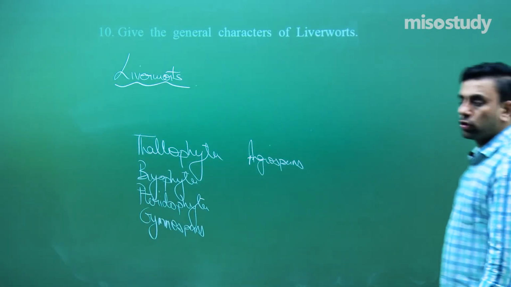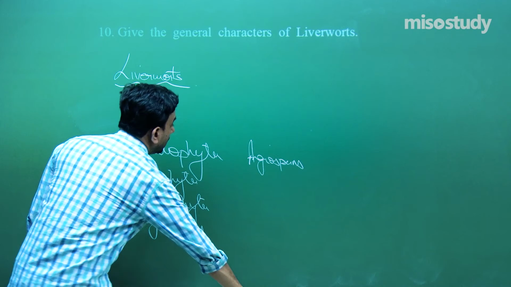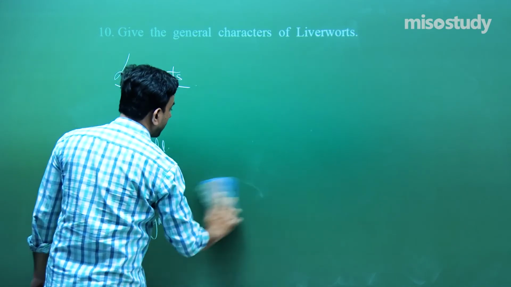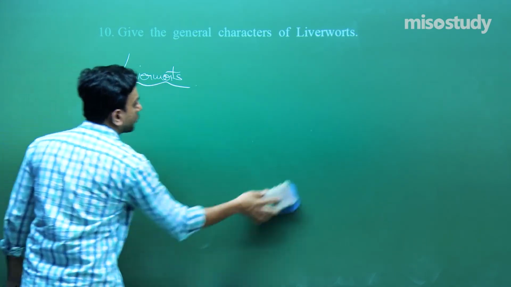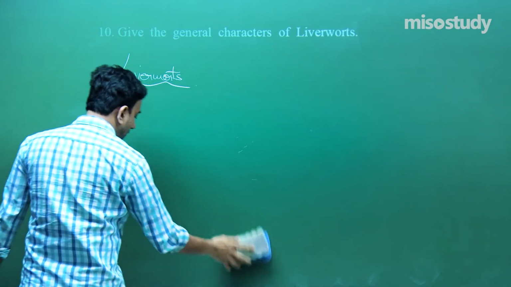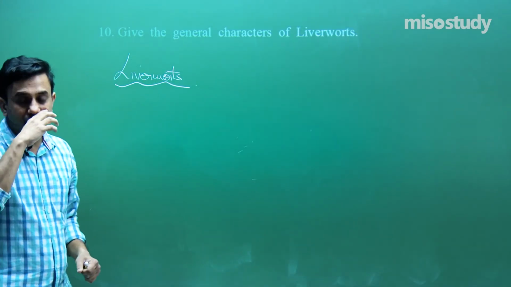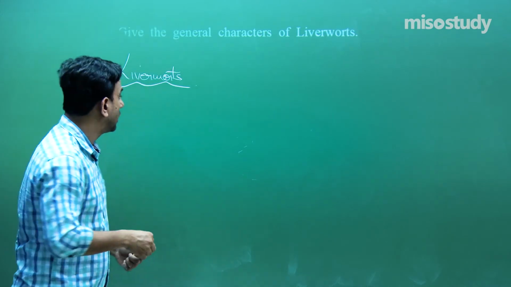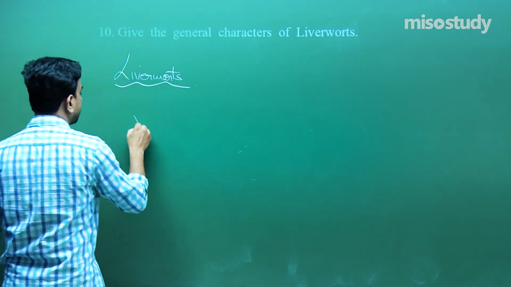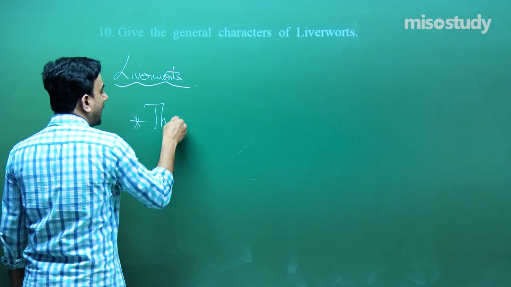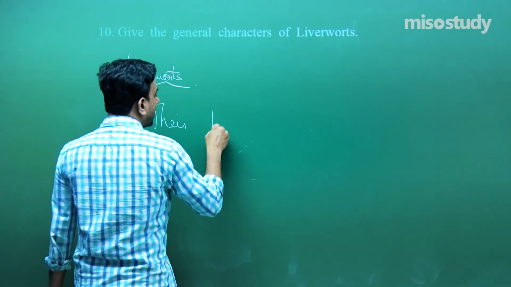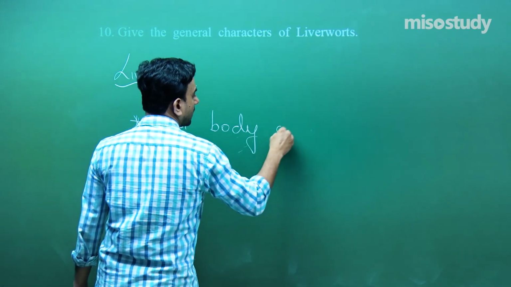Okay, friends, I hope you must have thought. So, the liverworts belong to the bryophyta, to the mosses group, and we have already done what the mosses are. Because of their liver shape, they are also called hepatics. So, what are the general characteristics?